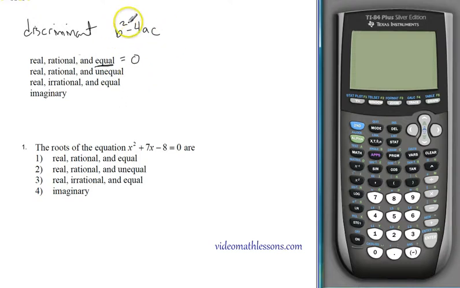If I plug in my values and I get perfect squares, they'll be real, rational, and unequal. Irrational will be non-perfect squares. And finally, imaginaries would be negative numbers.